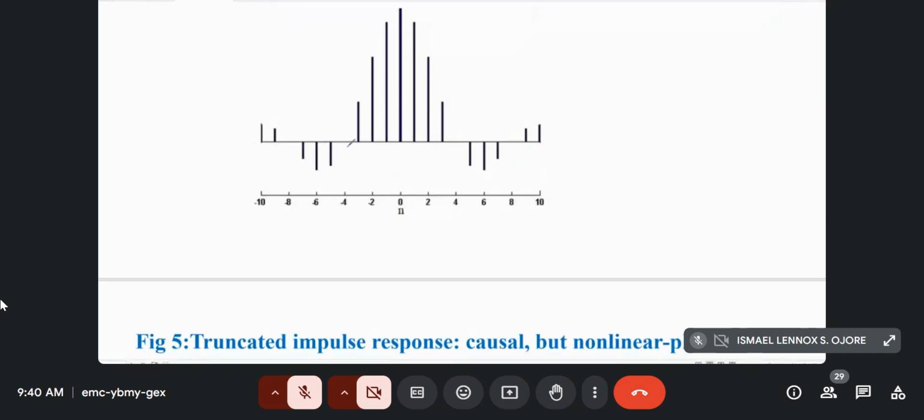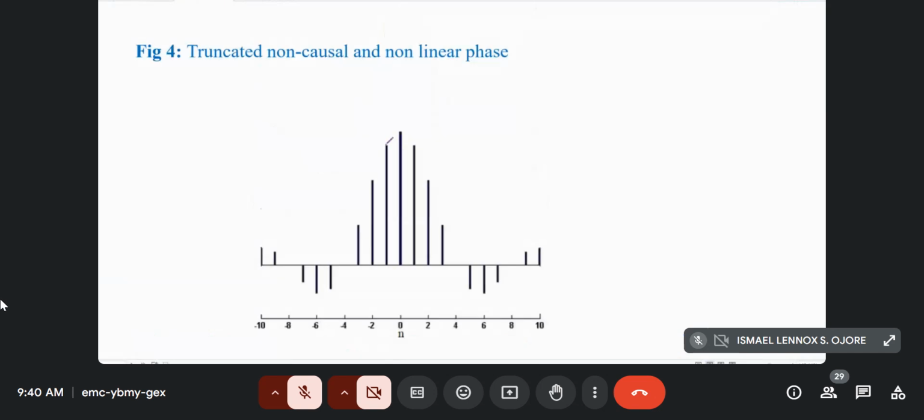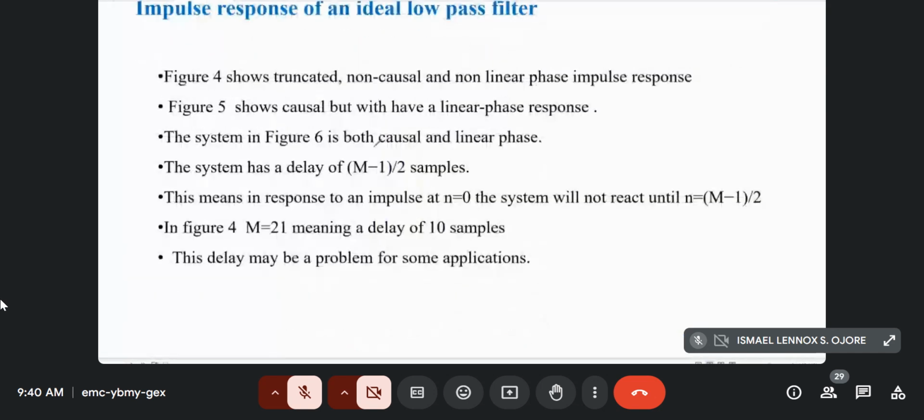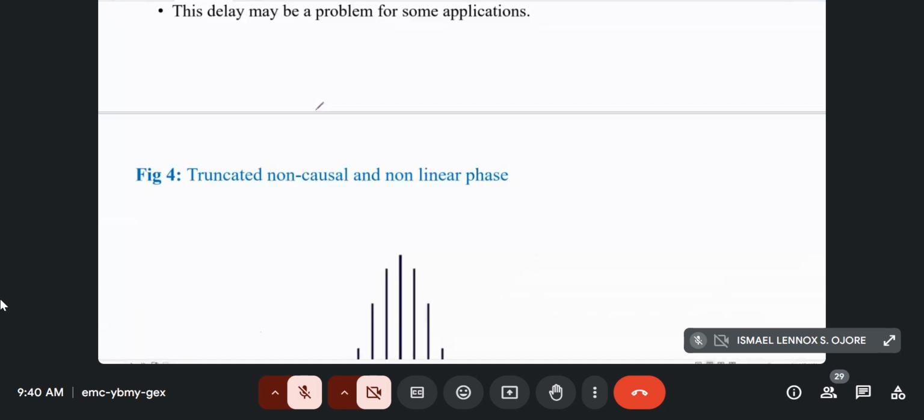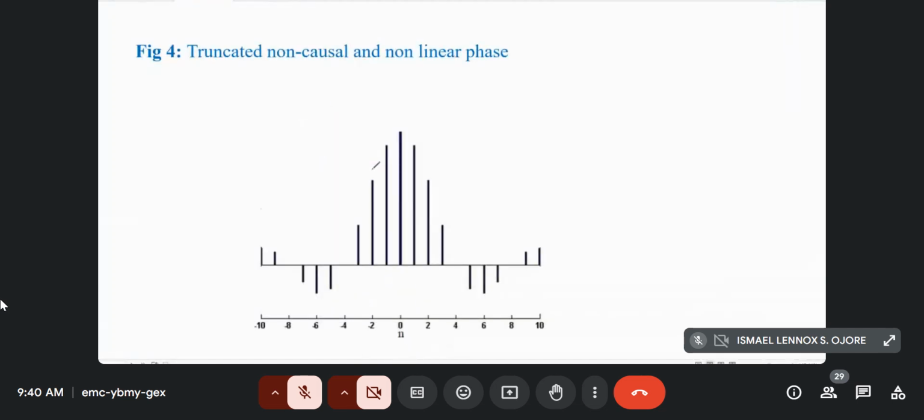This will give us linear phase but non-causal. Figure 4 is non-causal but truncated.